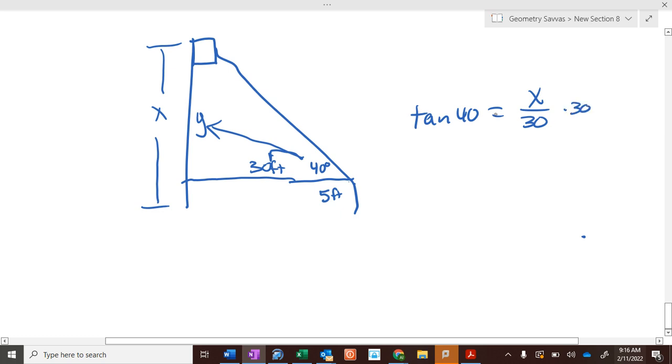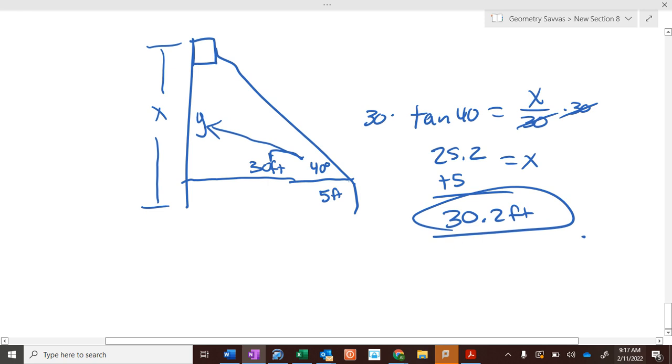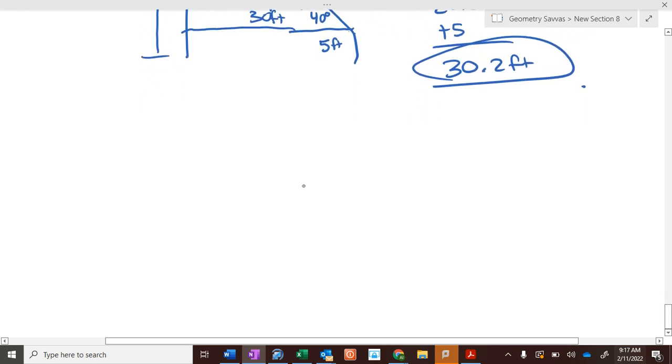So we multiply both sides by 30. Y equals 30 times tangent of 40, which is 25.2. Now, that's what Y is, this part of the flagpole. Now, if they're 5 foot tall, then you have to add another 5 onto that, and the flagpole is 30.2 feet high.